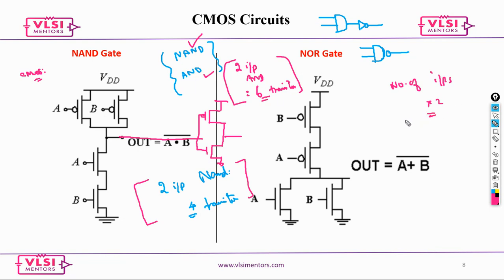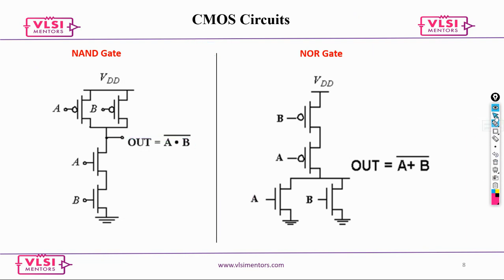But the best possible scenario is the number of inputs into two, and this is going to be the ideal transistor count. Okay, any question on this whole thing? All right. Now you can ask me questions.